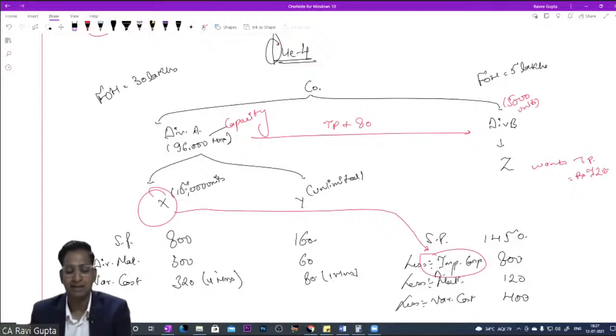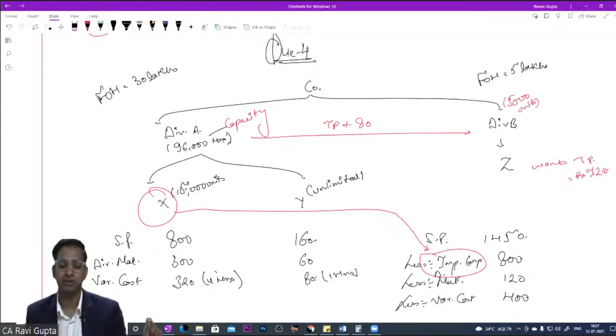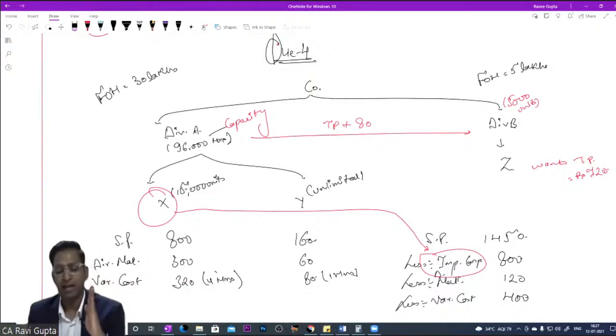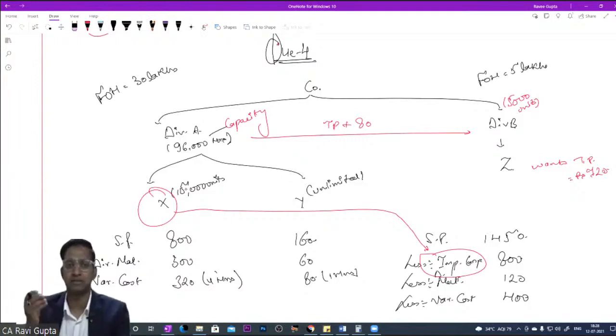And X has a demand of 15,000 units, and each unit requires 4 hours. That means 60,000 hours are required for X. And Y has an unlimited demand. That means any number of units can be made and sold in the market. So if we had more hours, we would produce more units.